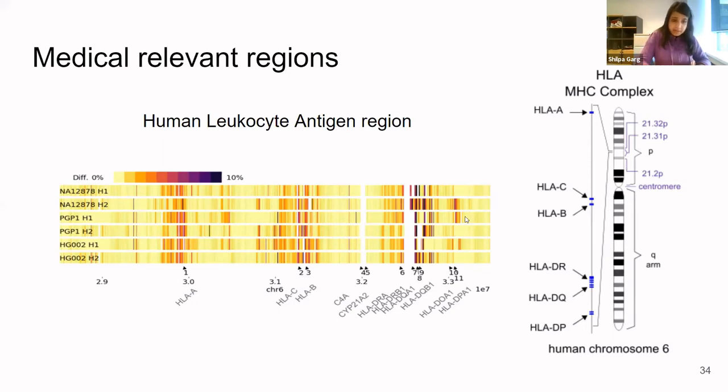So I considered haplotype sequences from 3 genomes and aligned them to the reference genome. And the darker the color is, the higher is the divergence of these sequences to the reference. So here you see that there are many regions which are highly diverged from the reference genome. And through our phasing methods, we could easily reconstruct these sequences.